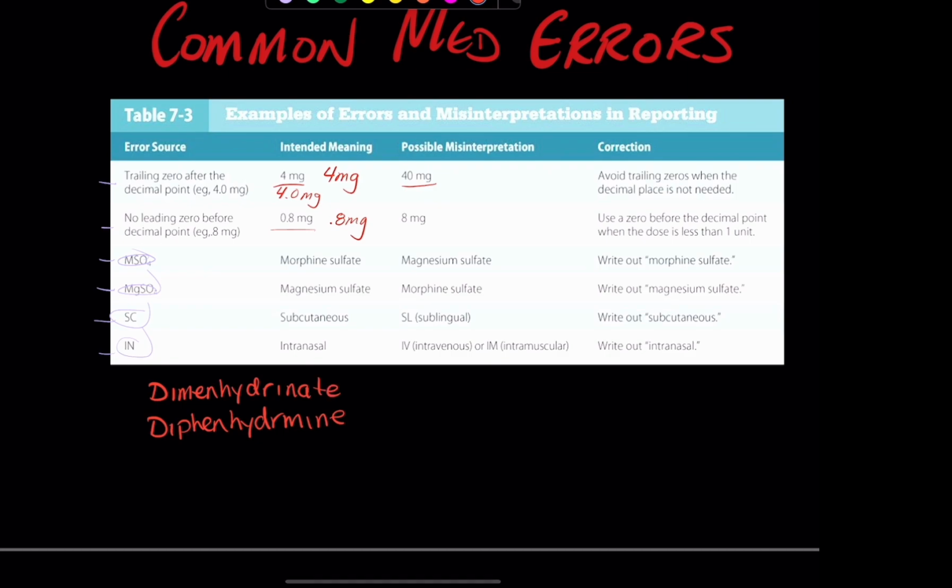It should be an E at the end. Medications that are spelt the same or have similar letters can be confusing too. So diamond hydronate is your Gravol medication, and diphenhydramine is Benadryl.